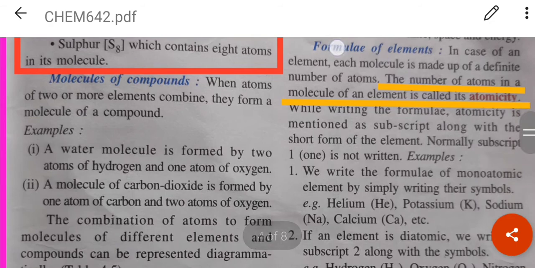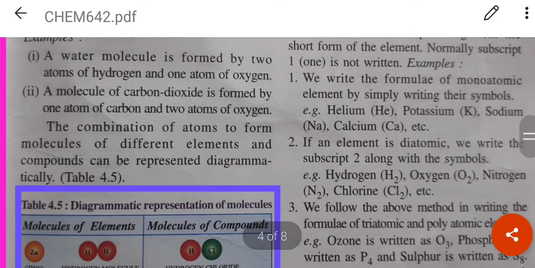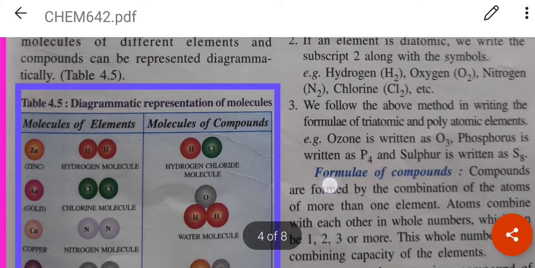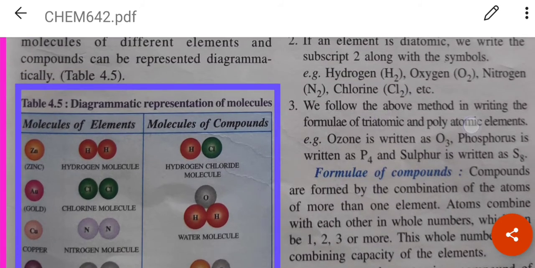Now, in the case of formulae of elements, the number of atoms in a molecule of an element is called its atomicity. Okay. So, they might be monoatomic, for example, helium, potassium, sodium. They might be diatomic, for example, hydrogen, oxygen. Okay. Then they might be triatomic or polyatomic.